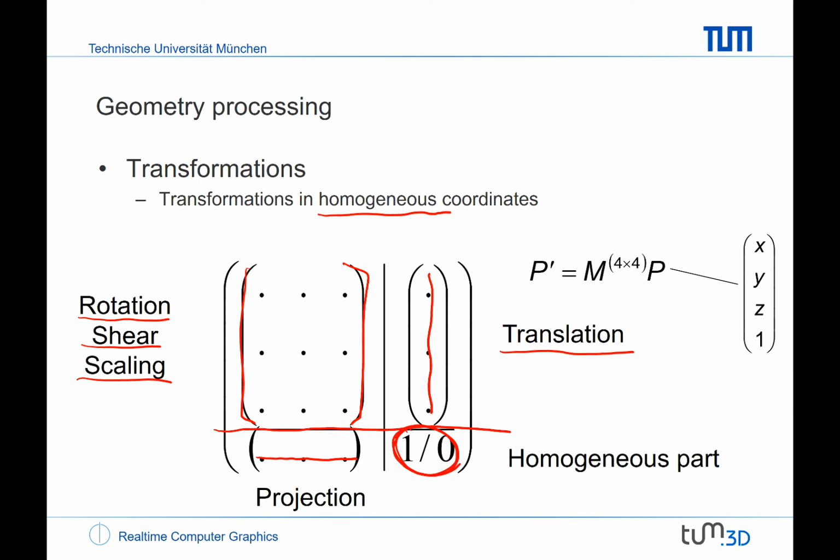In order to let elements be transformed by such a 4x4 transformation matrix, we extend each element by a so-called homogeneous coordinate. For a vertex, as we will see, that homogeneous coordinate will be 1, and for a directional quantity, it will be 0.